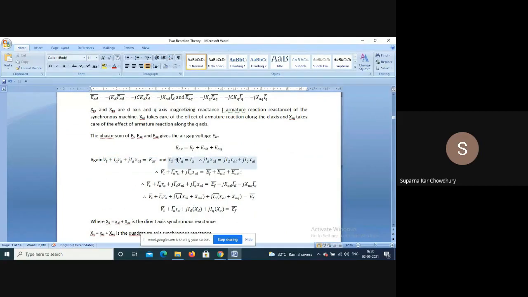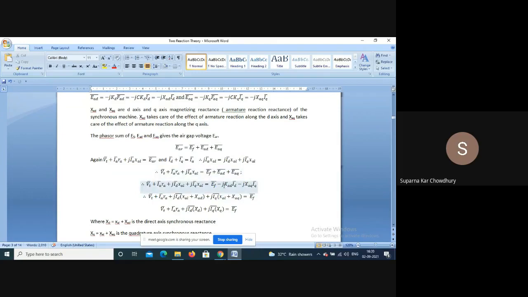And ID plus IQ is equal to IA. So the j IA XL drop in this equation can be written as j ID XL plus j IQ XL. So we have VT plus IA RA plus j IA XL is equal to EF plus EAD plus EAQ. So EAD is minus j XAD ID, and this is minus j XAQ IQ, and IA XL is ID XL plus IQ XL.